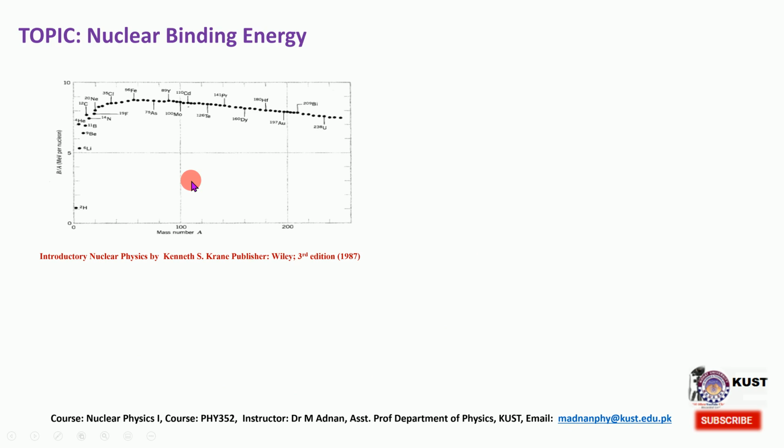So from the assignment point of view, your binding energy per nucleon must follow this trend, for different elements having different mass numbers. As I told you, we have lighter elements, intermediate weight, and also heavyweight elements.